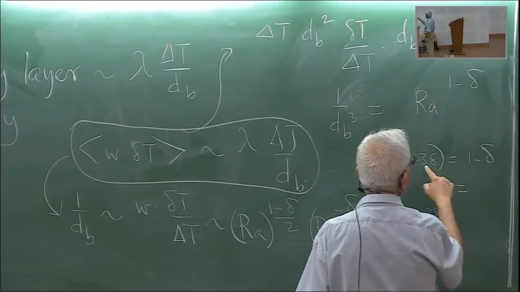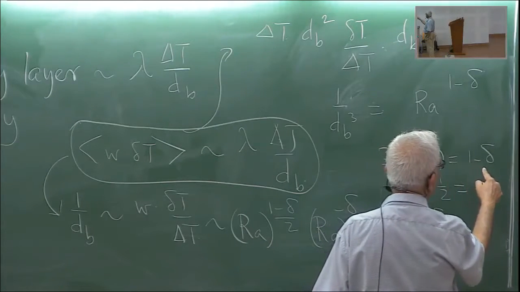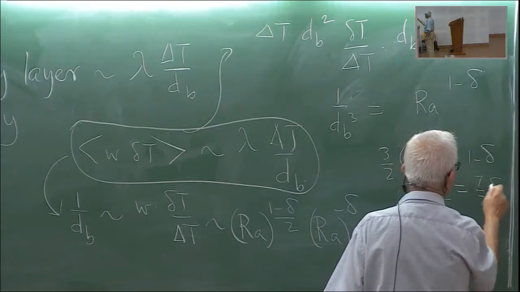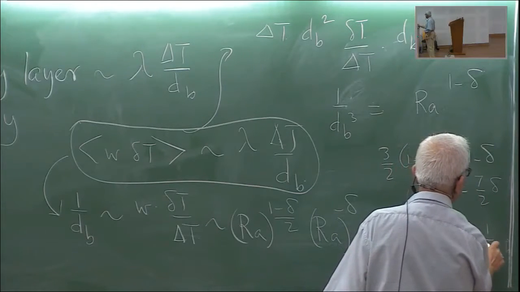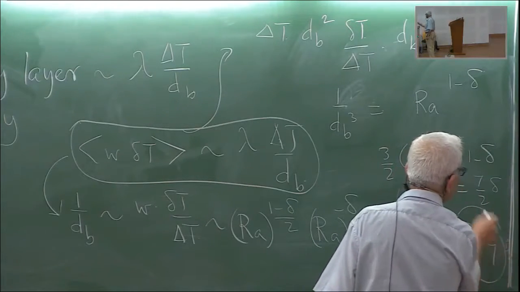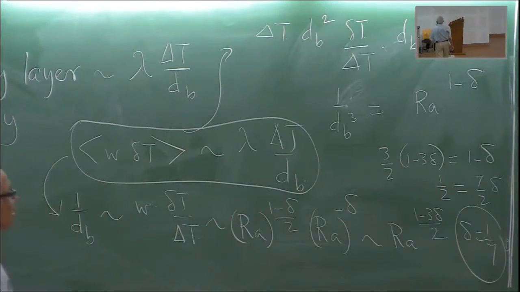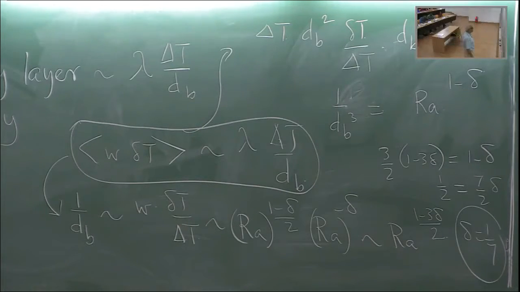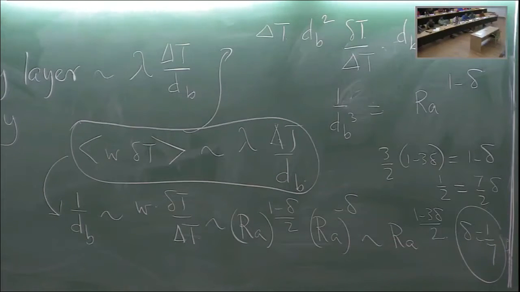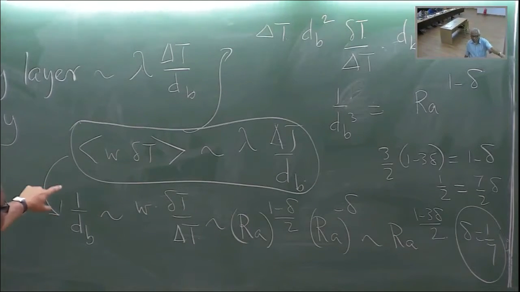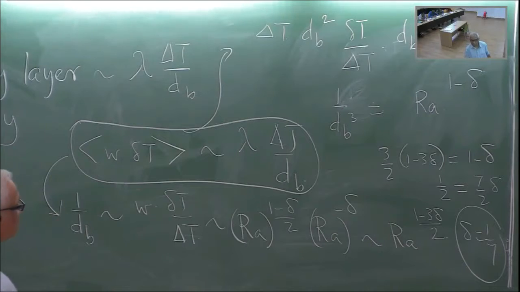Half is equal to 9 by 2 minus 1, so it is 7 by 2 delta, so delta is equal to 1 over 7. So delta is equal to 1 over 7, and therefore my Nusselt number over here, which is this 1 over dB, that's my Nusselt number.